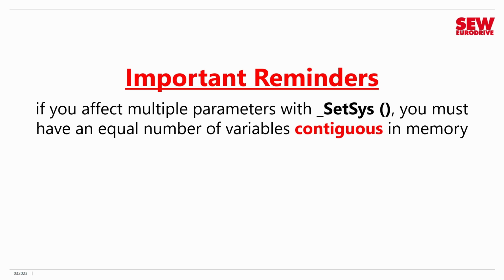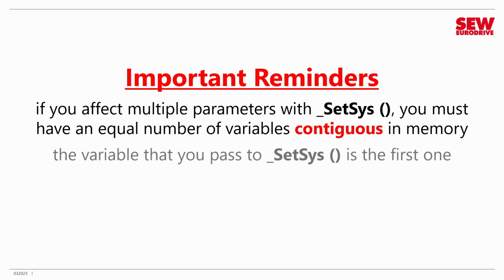So for example, if you're going to affect POSSpeed and you want to pass it, say, H450, what you should do is make sure that H450 and 451 contain the two numbers that are going into those parameters. They must be contiguous. If you don't do that, it's not going to work right. So the variable you're passing to setSys is the first one. It will automatically go through and draw from the ones after it.